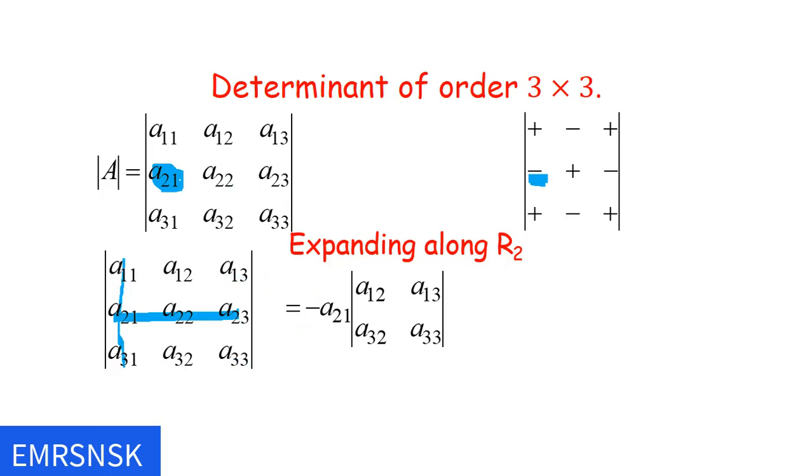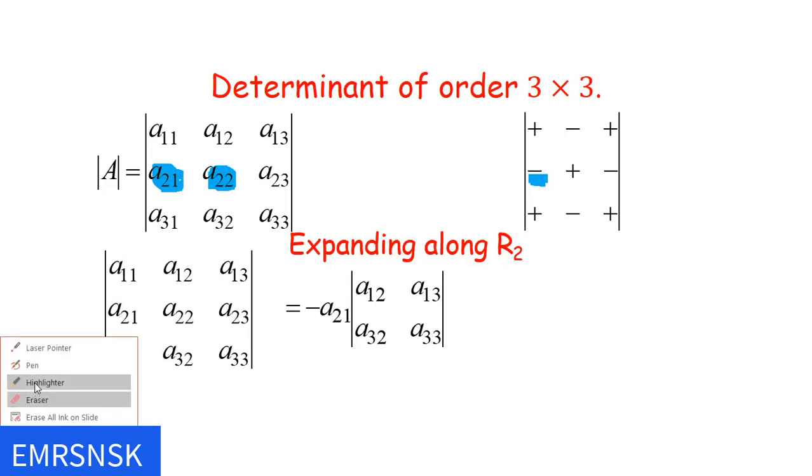Similarly, what is the second element? The second element is positive. So you will remove second row and second column.